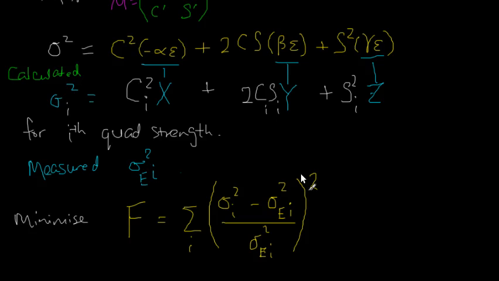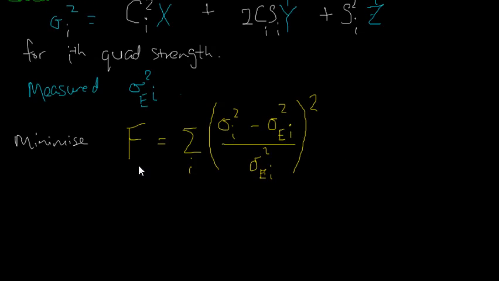So let me write this in terms of the above parameters. I'm going to take this sigma i squared expression in terms of C, S and x, y, z and substitute that into here. So let me do that now.